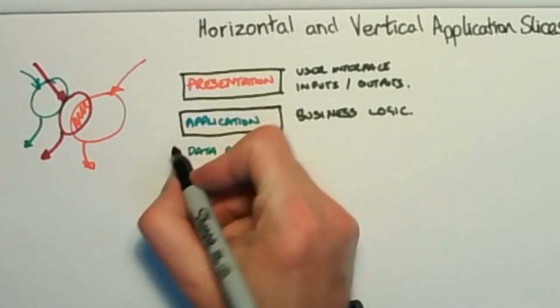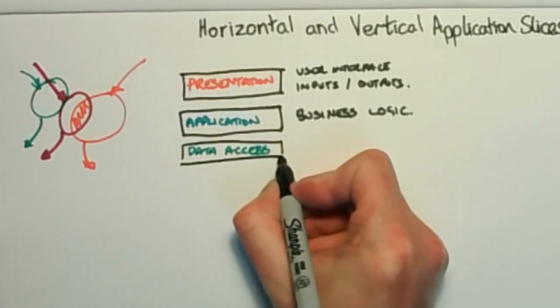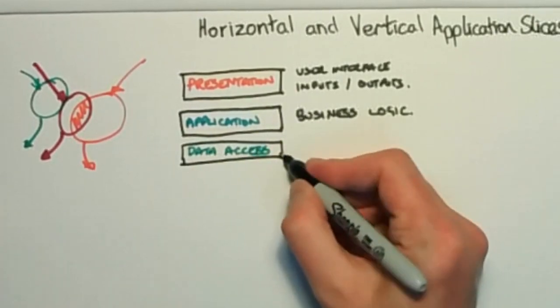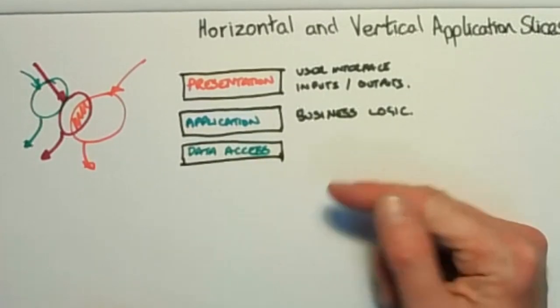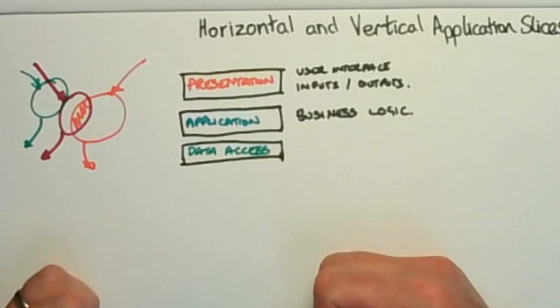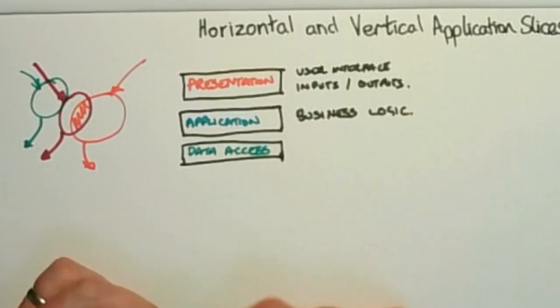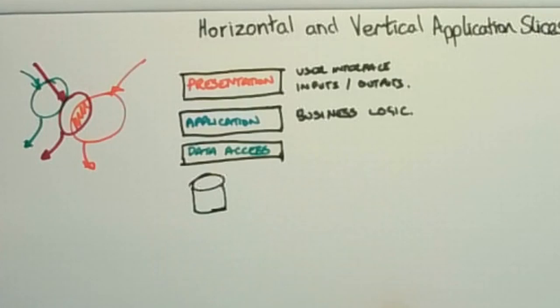Your data access layer provides you with a way of accessing your data, writing to it, reading from it, or holding on to that data, persisting that data for your application whilst you're using it. And that is predominantly going to be talking to your database.